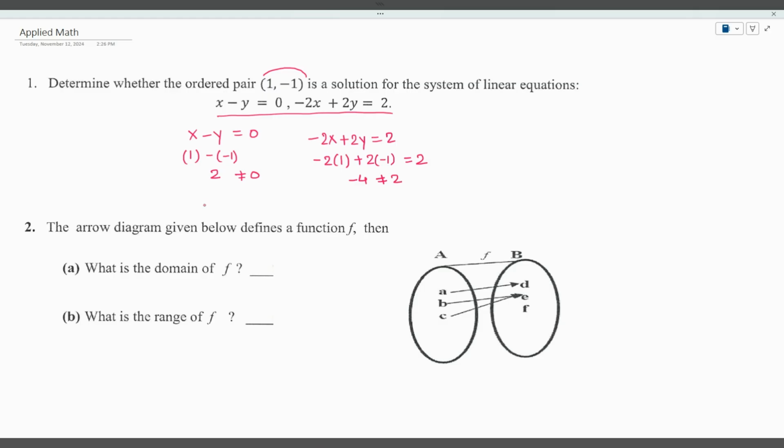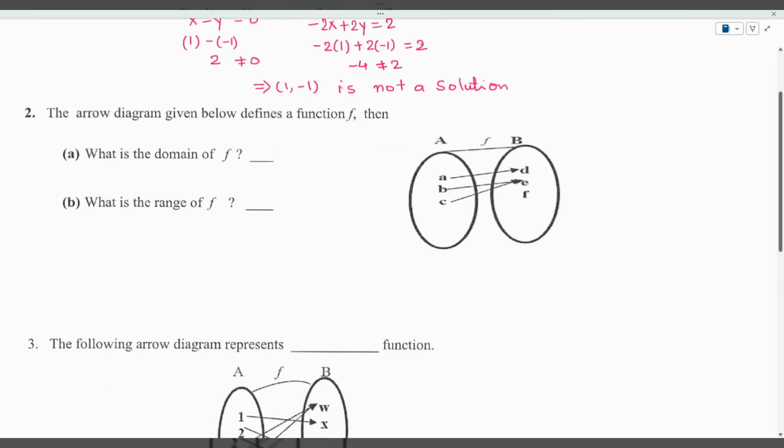So you can see that this ordered pair does not satisfy any equation, which means (1, -1) is not a solution. In this way you can identify whether an ordered pair is a solution for a system of linear equations or not. If the ordered pair satisfies the equations, then it is a solution, and if it does not, then it is not a solution.